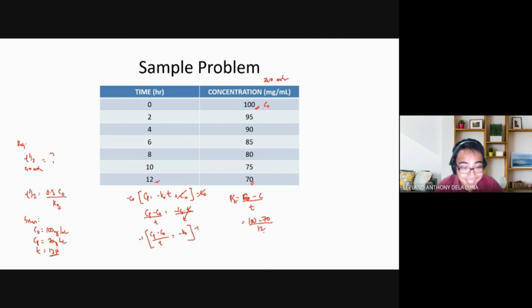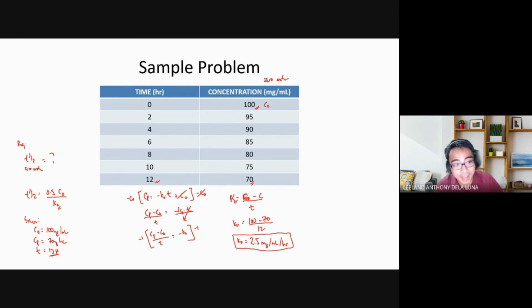I did not put units, class, okay? 100 minus 70 would be 30 divided by 12. So that would give you 2.5 milligram per ml per hour. So now I have my K sub 0.